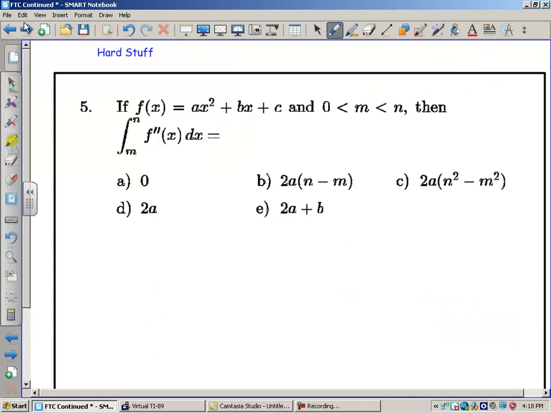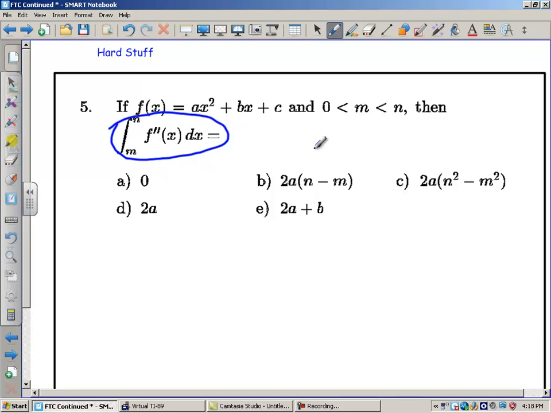Alright, so let's do some hard stuff. I've got this function here, m is less than n. I've got to find this integral from m to n of f double prime of x dx. Well, one thing I can do is go ahead and answer this with the fundamental theorem of calculus. This means go find an antiderivative for f double prime. Now, do you know what you take the derivative of to get f double prime?